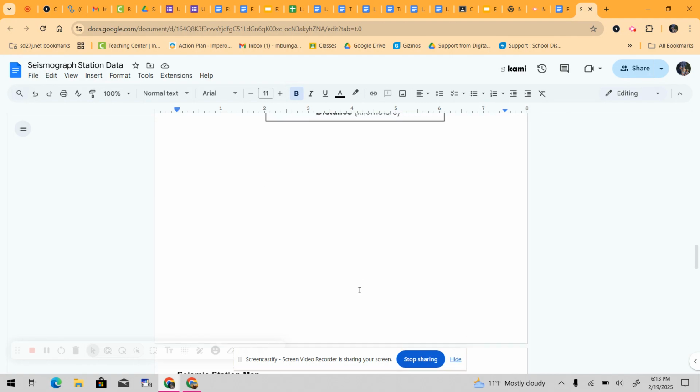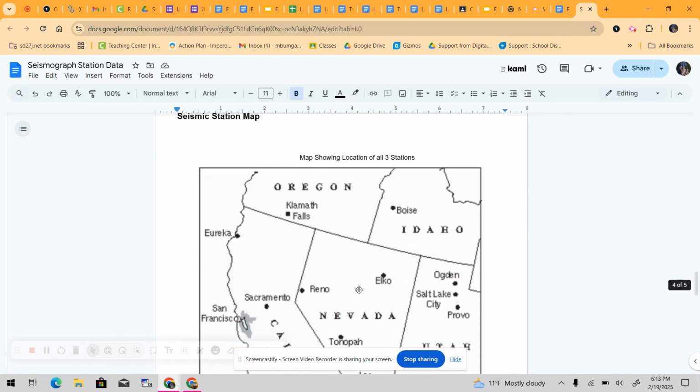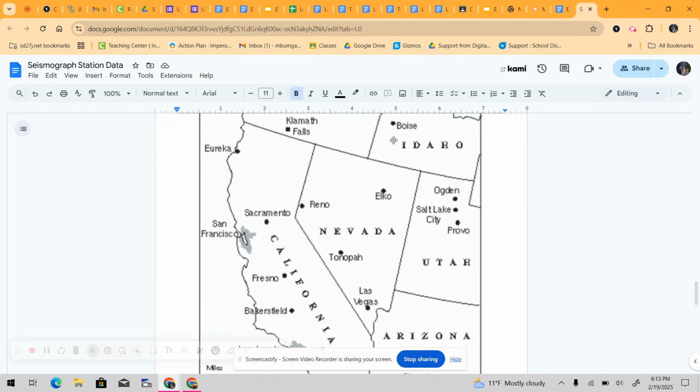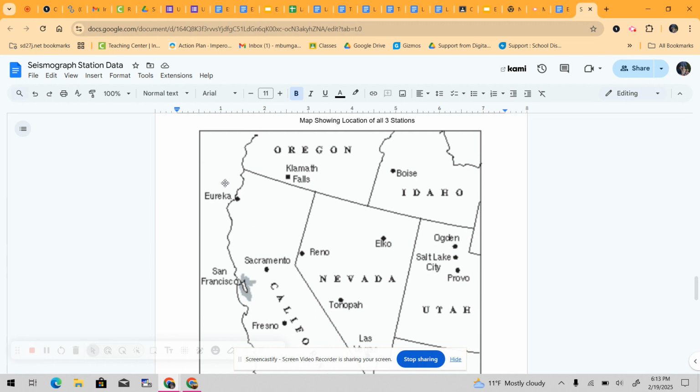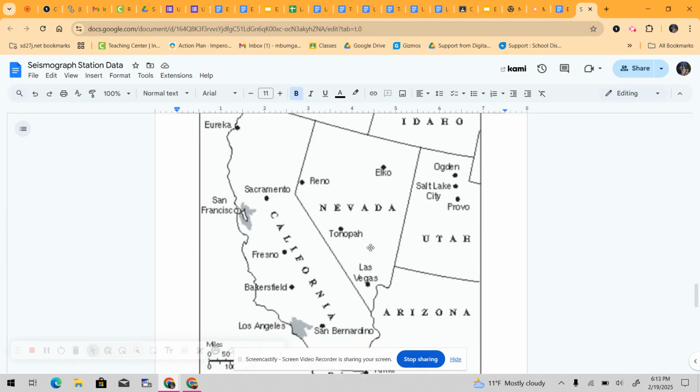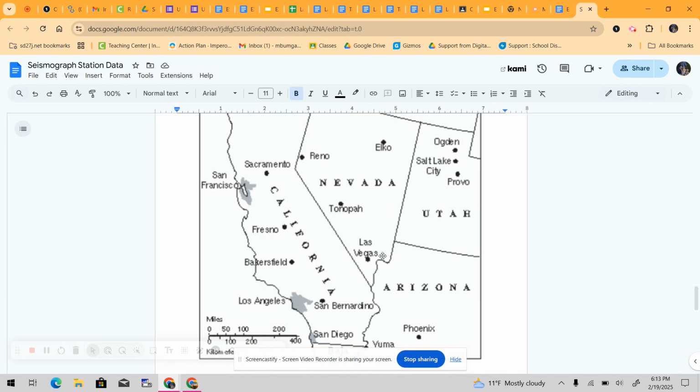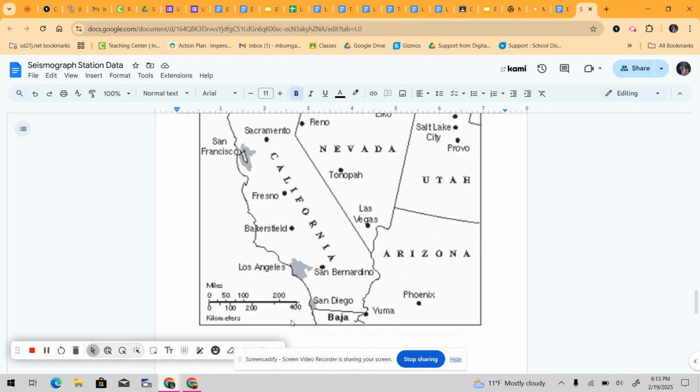So on the back of the second page of your data table, you will have a map that looks like this. You'll see you have the Eureka station, the Elko station, and your Las Vegas station on this map. You also notice you have a key down here.